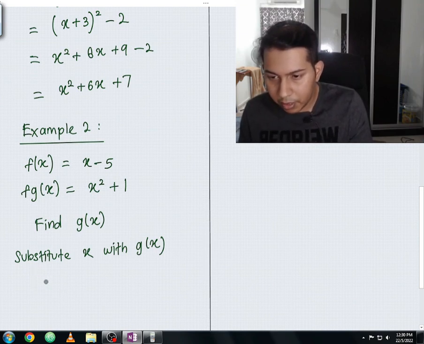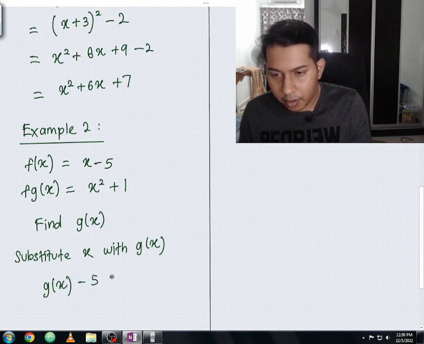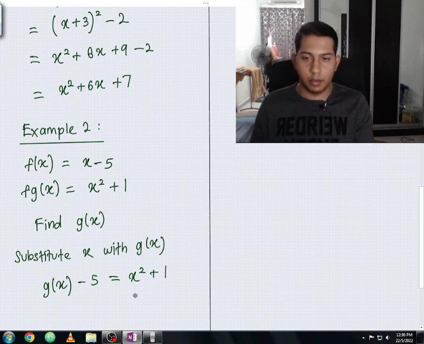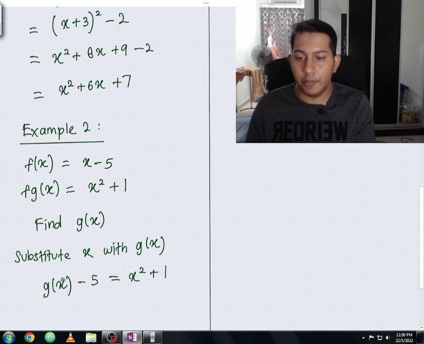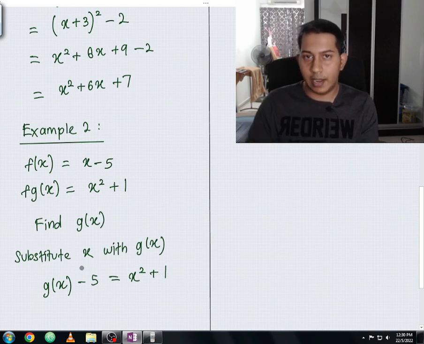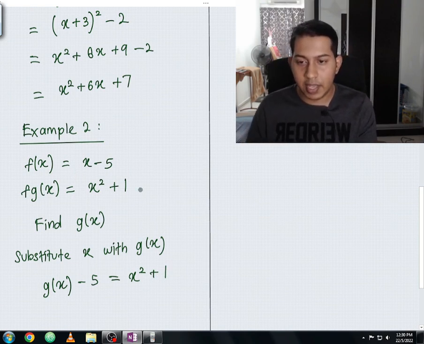So for example, this g(x) will be mapped into the x minus 5, so it will become g(x) minus 5 is equals to x squared plus 1. Because when you map g(x) into the f(x), that's how you get this fg(x), that is your left hand side. This fg(x) is already given in the question.